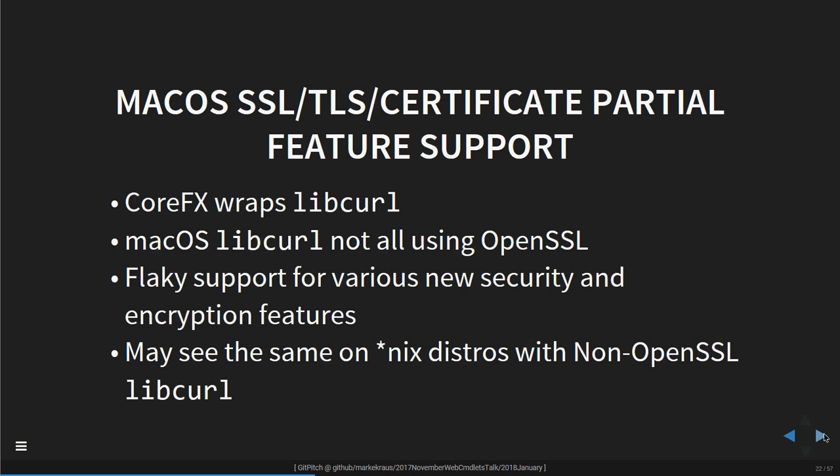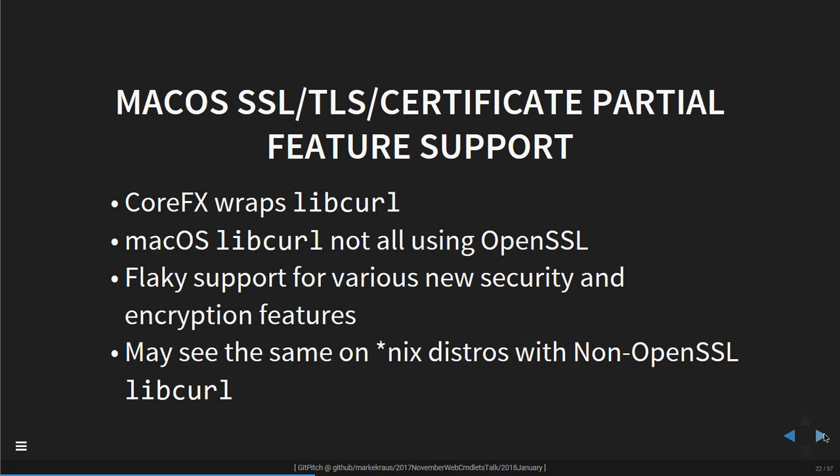But Mac OS's libcurl is different. It no longer uses OpenSSL by default. They're using a completely different SSL plugin. And HTTP client was built to work with libcurl plus OpenSSL, so it doesn't play nice with all of the advanced SSL features, which means that some of the new security features that I'll talk about are kind of broken or don't work completely on Mac OS unless you do certain things to make them work.